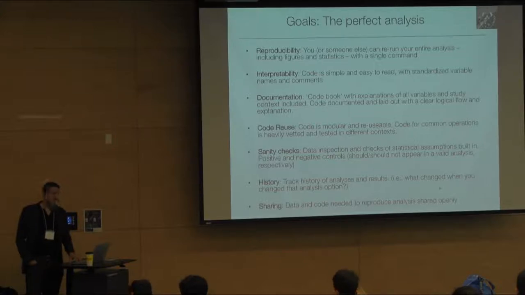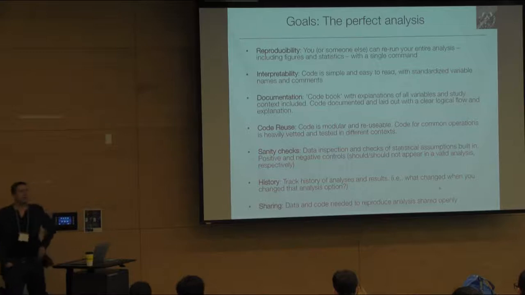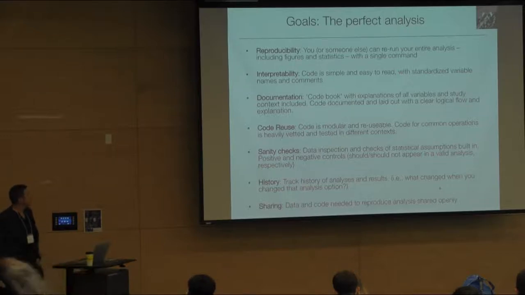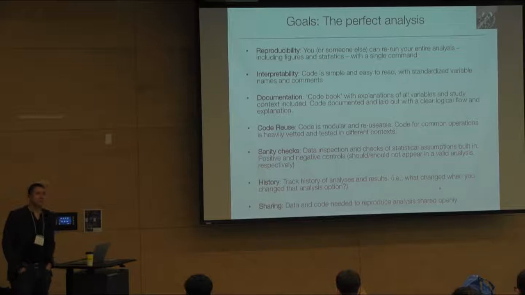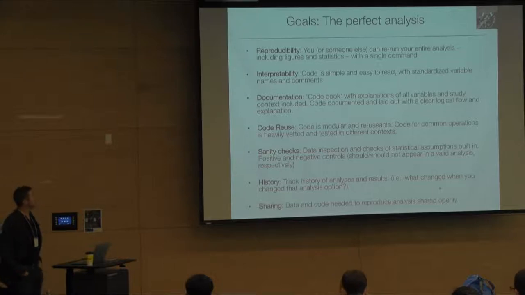Let me start by talking a little bit about my design philosophy and a little bit about interactive code. These are goals I've learned to strive for over the years. So what does a perfect analysis look like? It's something that's reproducible.